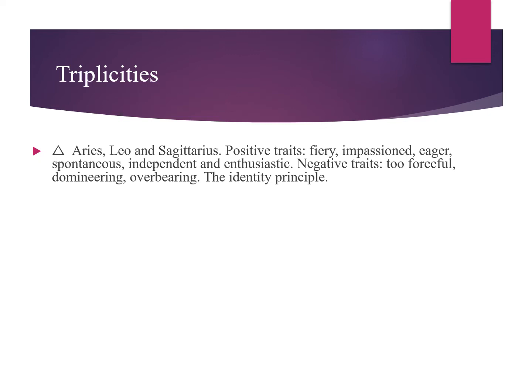They can be spontaneous, independent, and enthusiastic. On a negative side, they tend to be too forceful, overbearing, and domineering. And they're really an identity principle, meaning that they're really about me, or about I, and what I am, and what I can become.